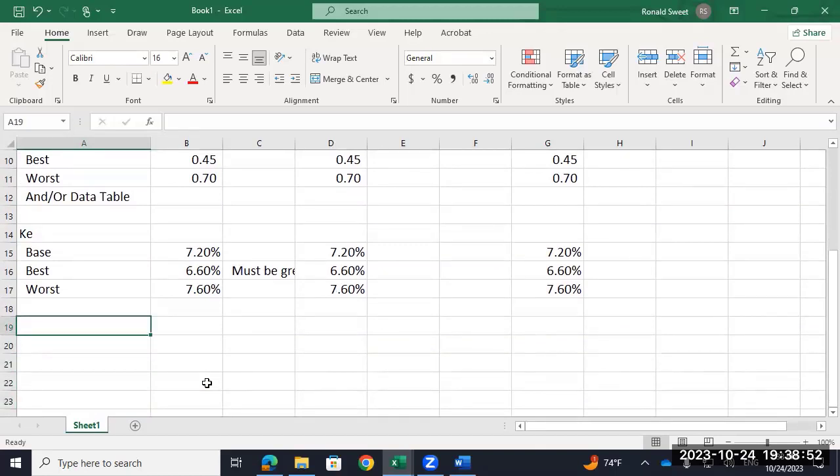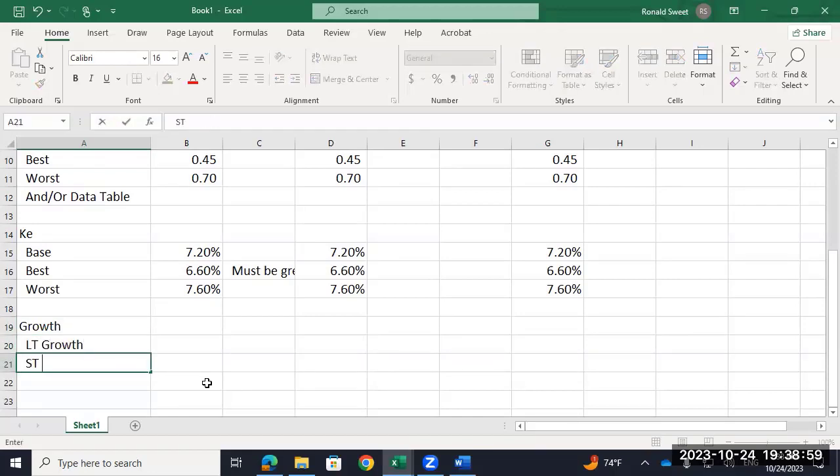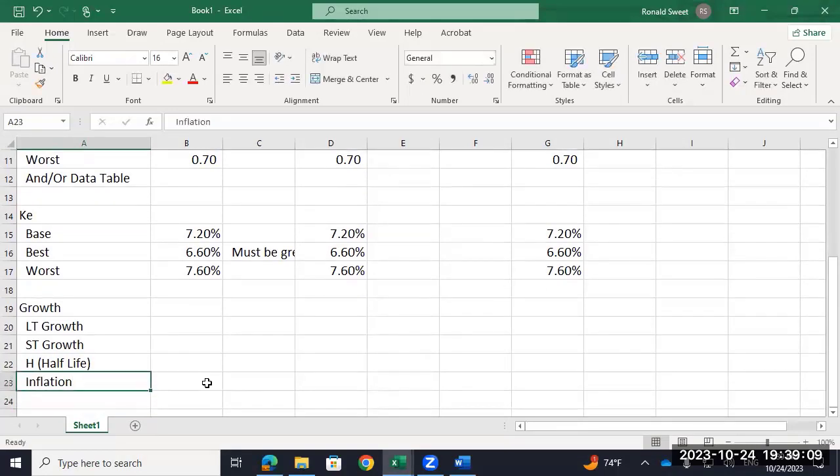The next thing you need is growth. So you have long-term growth, short-term growth, the H, the half-life, and inflation. On these, where do you run scenarios?